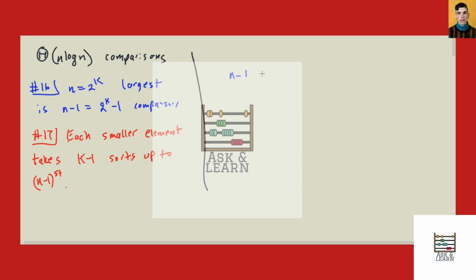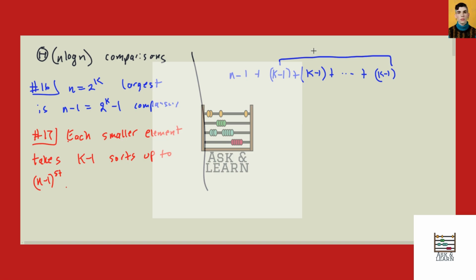And then after this, we would need to have, so let's see, well, it's going to be k minus 1 plus k minus 1 plus dot dot dot all the way up to k minus 1. And we need to do this, well, let's see.